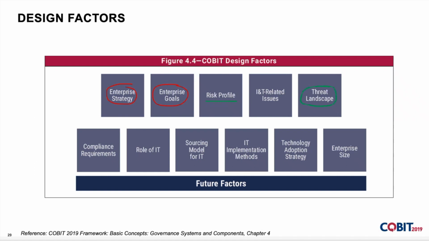So you can imagine that, again, a financial institution will have many more threats and, I would say, more risk of being targeted than an organization which is, let's say, just in the food and beverage industry. So all of these different design factors will help you to ask the right kind of questions around how your governance framework should be structured.